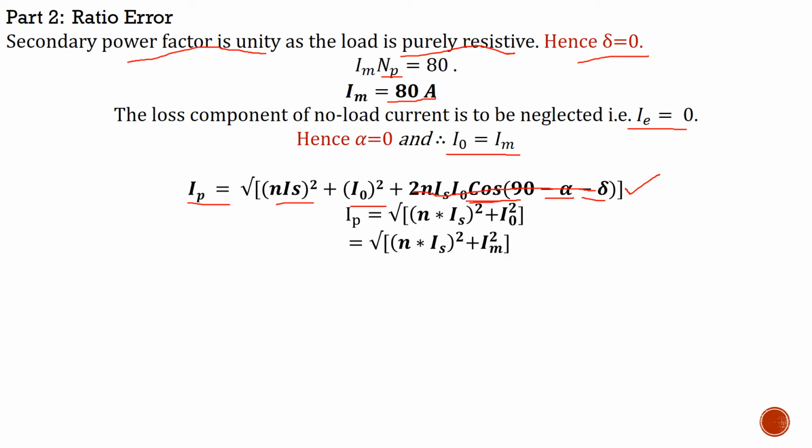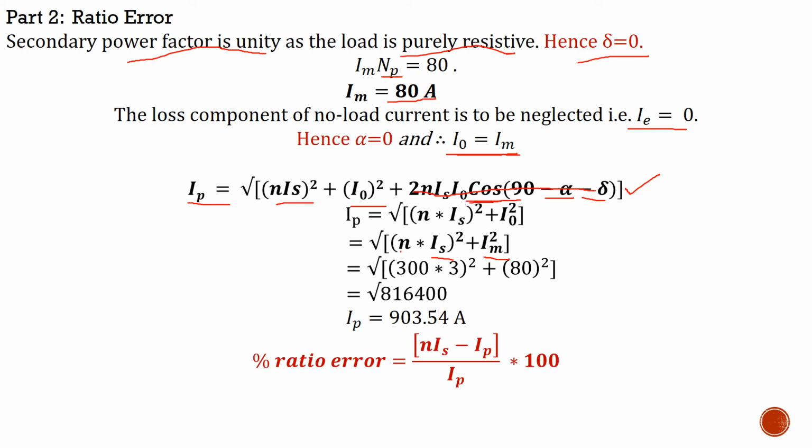Also, the excitation current is equal to magnetizing current, as discussed here. Substituting the values of all, the turn ratio, the secondary current and the magnetizing current, we can easily calculate the primary current and it comes out to be 903.54 ampere. Putting all these values in your ratio error formula, we can easily calculate the ratio error, and the ratio error comes out to be 0.39%.